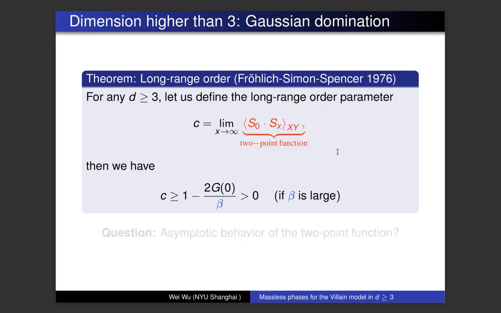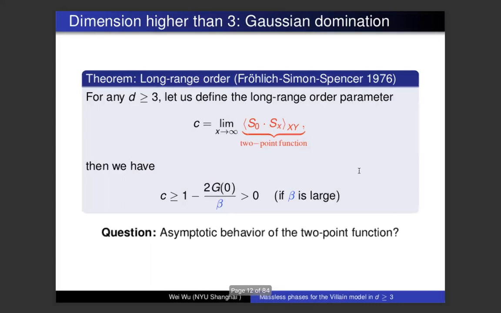In particular, in this context, they managed to show that the limiting 2-point function has a lower bound, which is 1 minus the Green's function at 0 divided by beta. Now, in dimension at least 3, we know the Green's function is finite. So if you take beta large, you have positivity of the limiting 2-point function, which means long-range order.